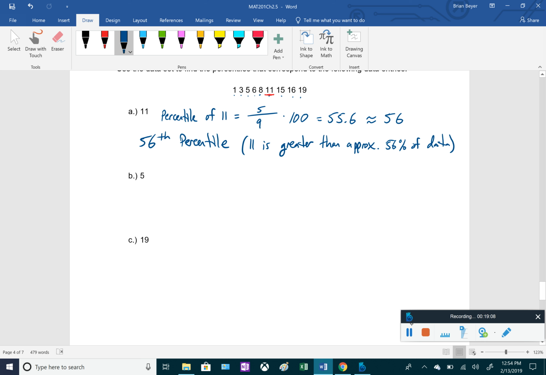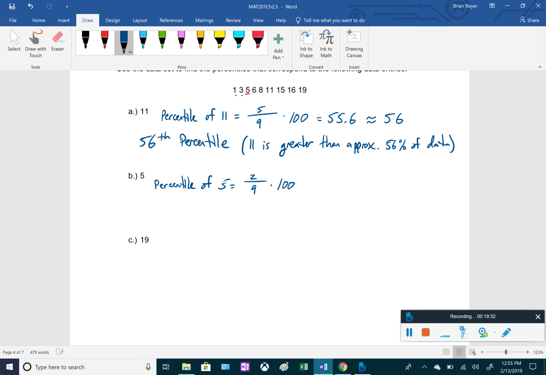Okay, for the next one, for 5, so the data entry of 5 is right here. So we want to find the percentile of 5. So it's going to be the number of data entries less than 5, so we have to count. So 1, 2, there's 2 data entries less than 5, there's 9 total.